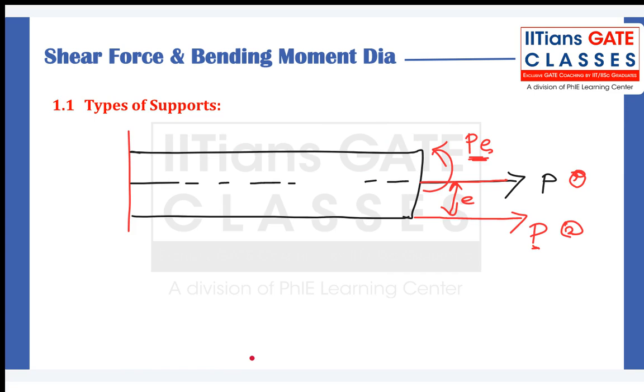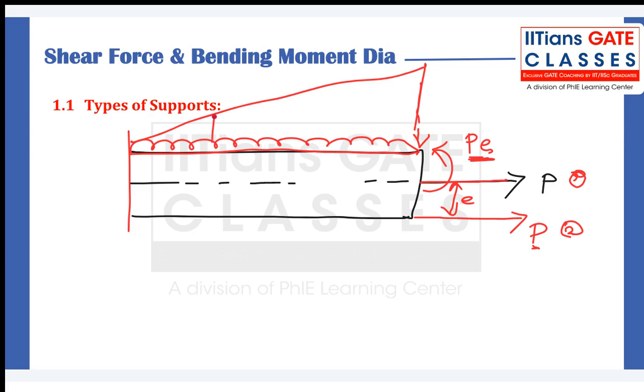Either there is a point moment, or you can have a point load anywhere on the beam which is a transverse load, or you can have a UDL, or a UVL, or any arbitrary transverse load. Then this structure will behave like a beam. Clear?